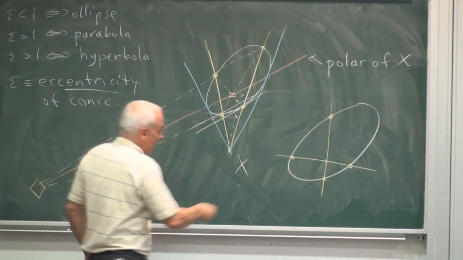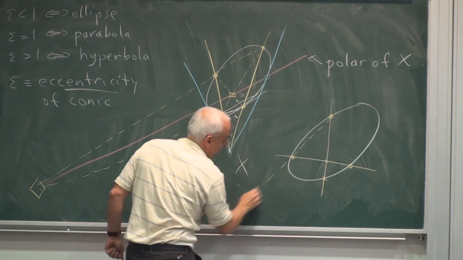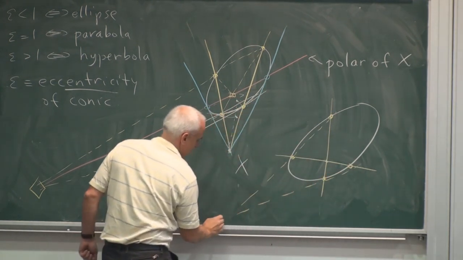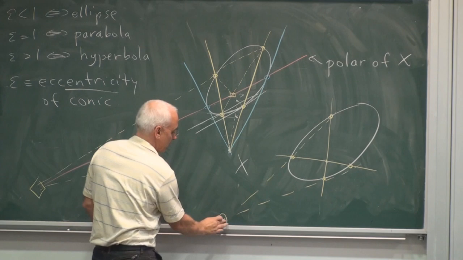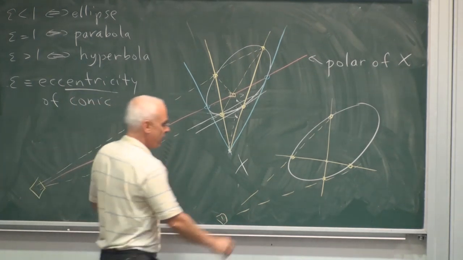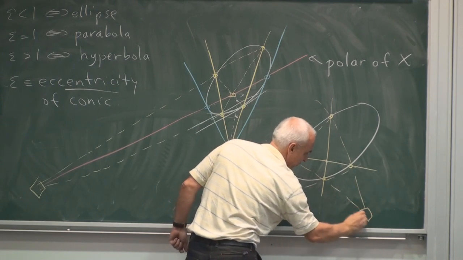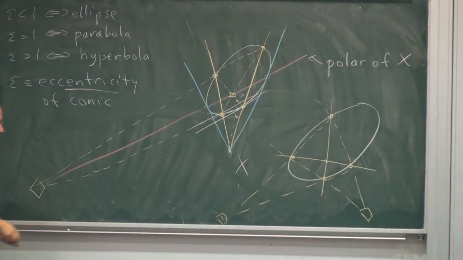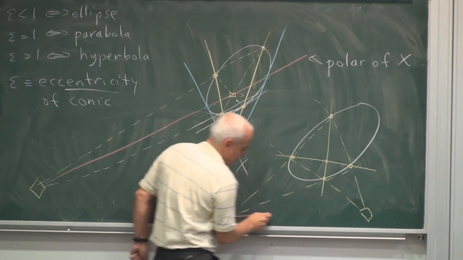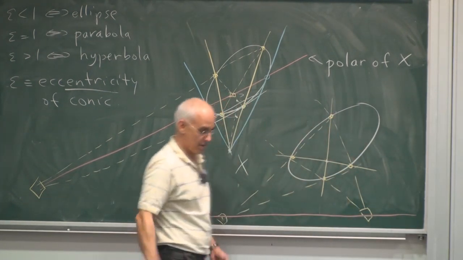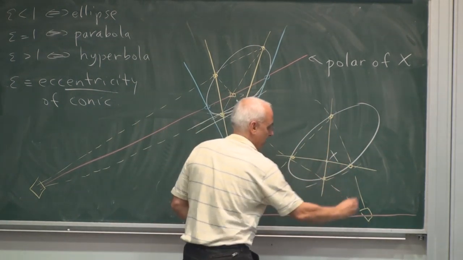We're supposed to connect the other kind of diagonal. So there's one here and one here, meeting some point over here. And then there's this one and this one meeting somewhere over here. And then when you connect those up, you get the polar of x again.